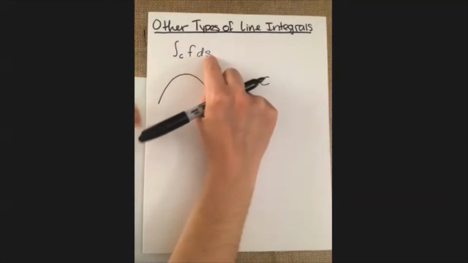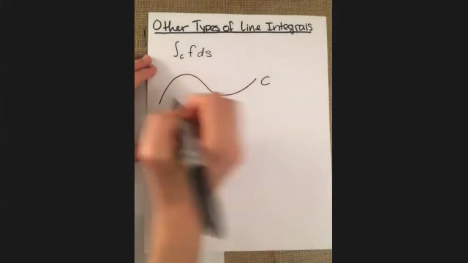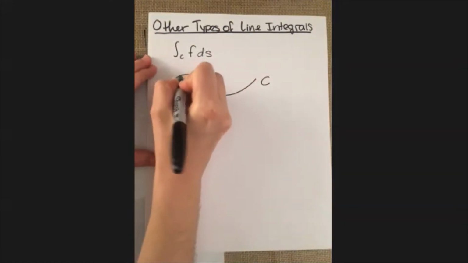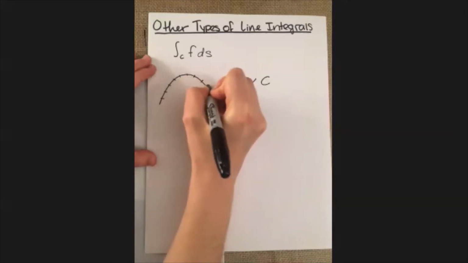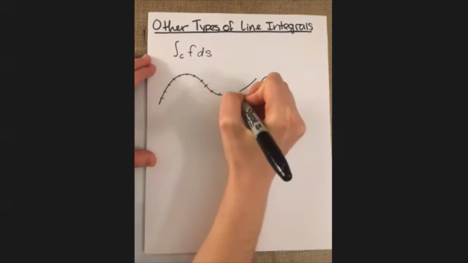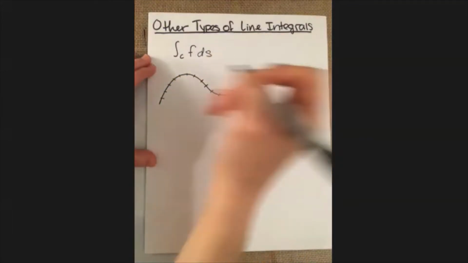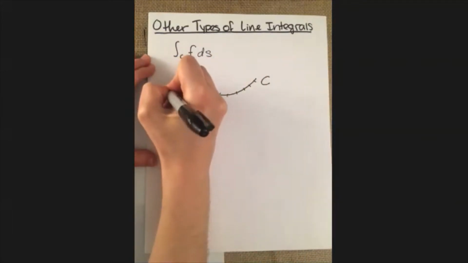And then this ds here is saying we're going to take this curve and chop it up into tiny little pieces, like so. The length of one of these pieces is ds, like right here.